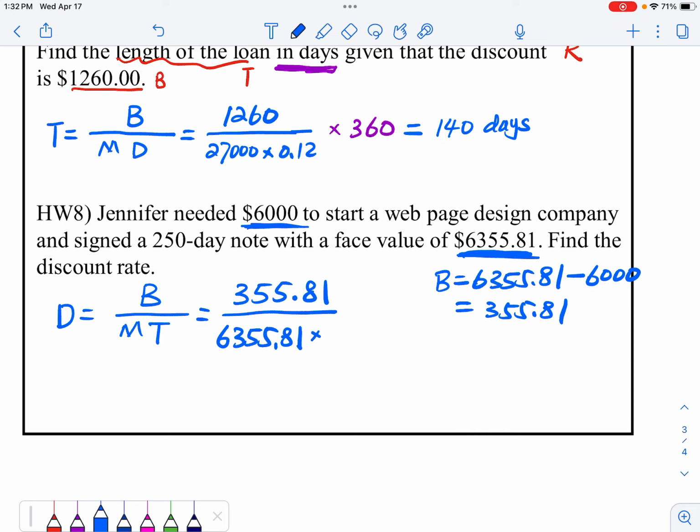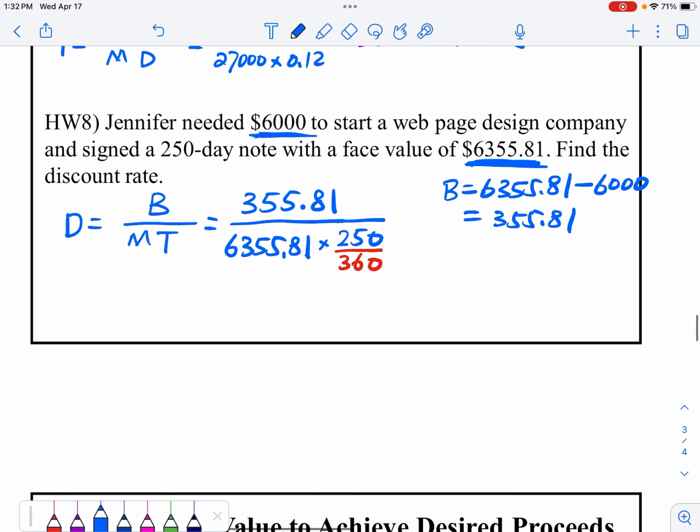This is a 250-day note, so again, make sure that you convert the 250 into number of years by dividing it by 360. And using your calculator, this turns out to be 0.0806. We want to convert this into percent, which is 8.06%. Rounded to the nearest tenth, 8.1%.